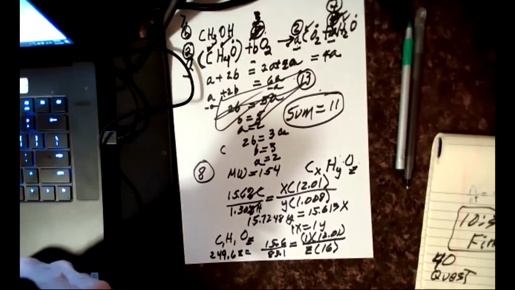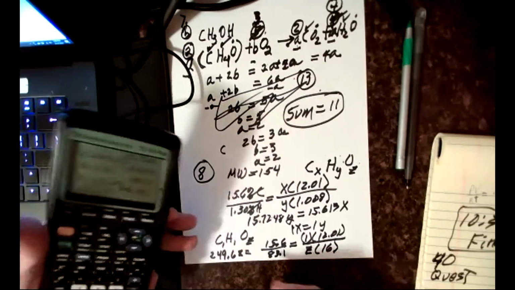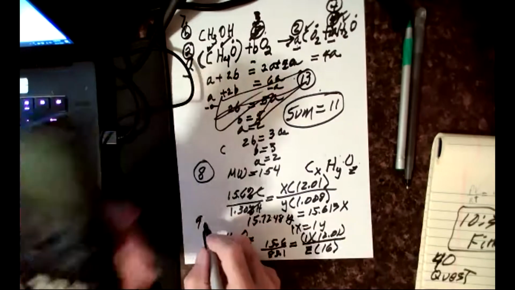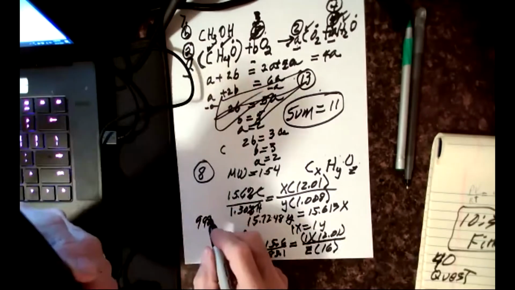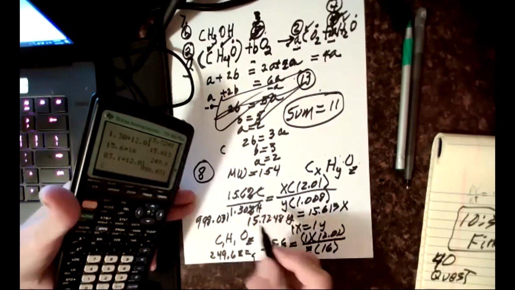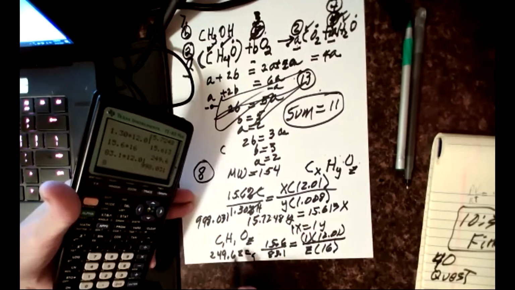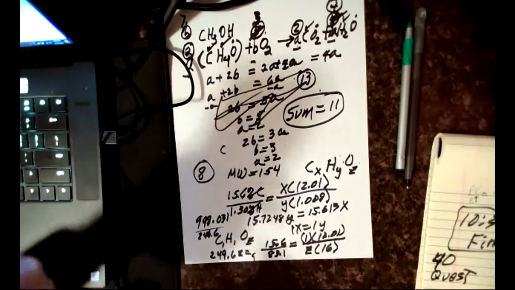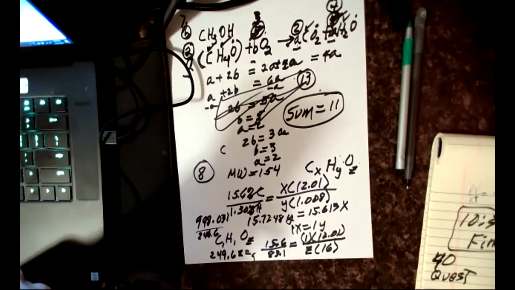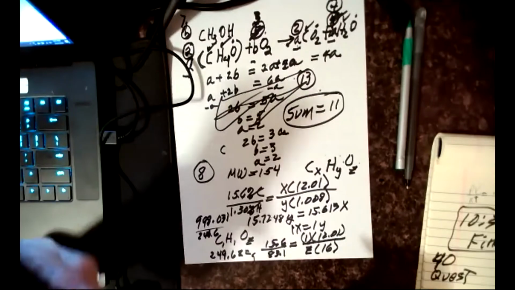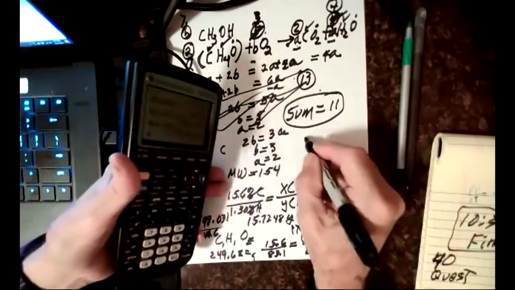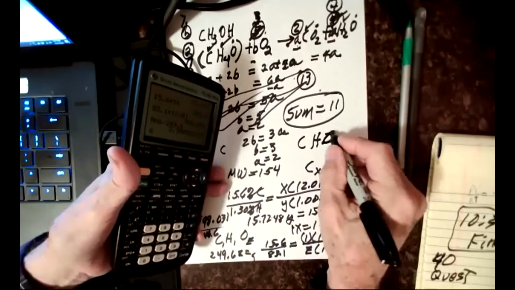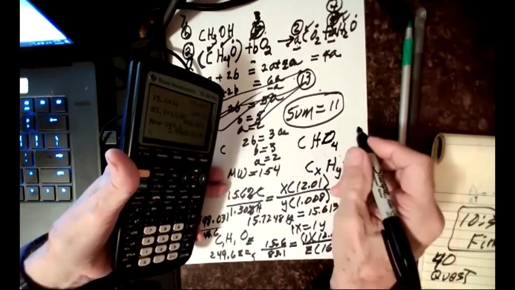I'm just checking my numbers to be sure. That is 998.031, equal to 249.6 Z. So if I divide that number by 249.6, I come out with 3.998. So Z is equal to 4. So CHO4 is the compound formula.